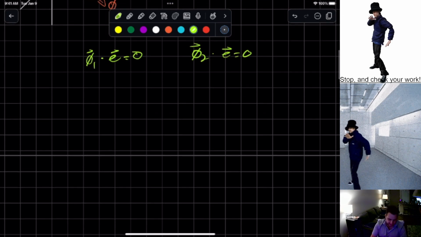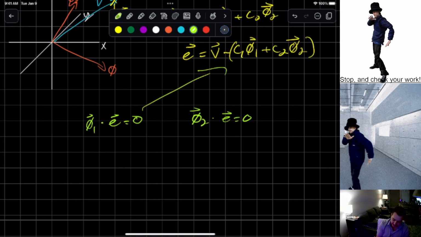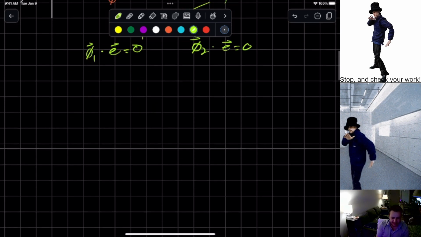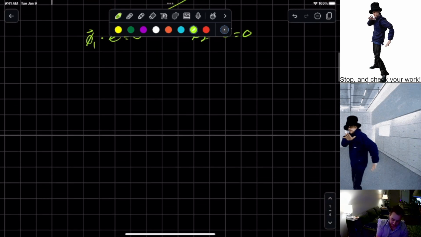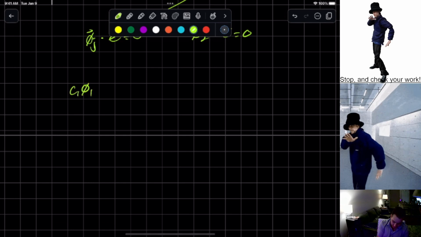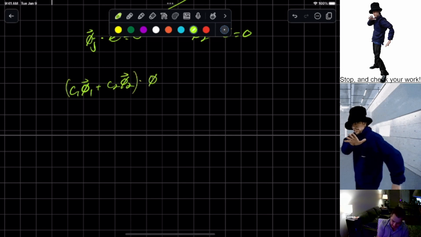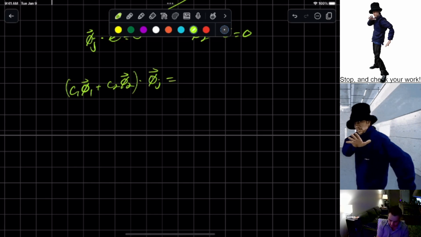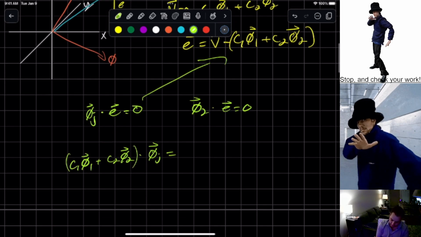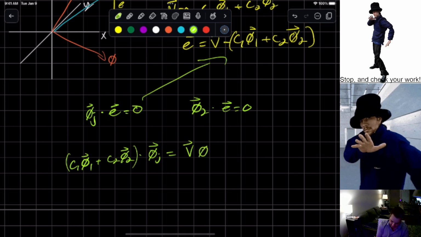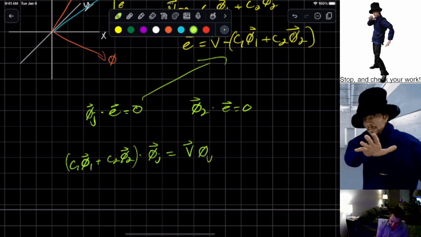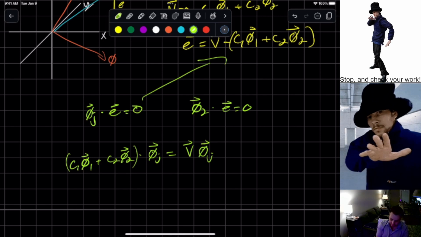So this gets us to this kind of equation where we can rewrite that and place it in for the error, but we can make it a generalized equation. So we can make this a J. So we have c1 theta 1 plus c2 theta 2 dot product theta J equals our V vector dot product theta J. Right?